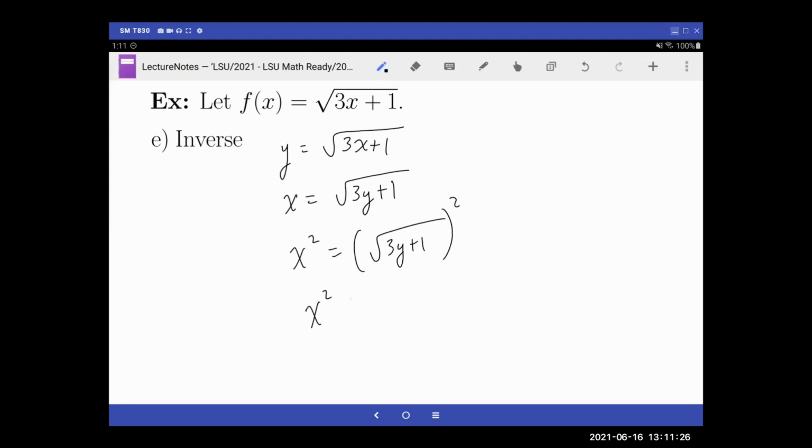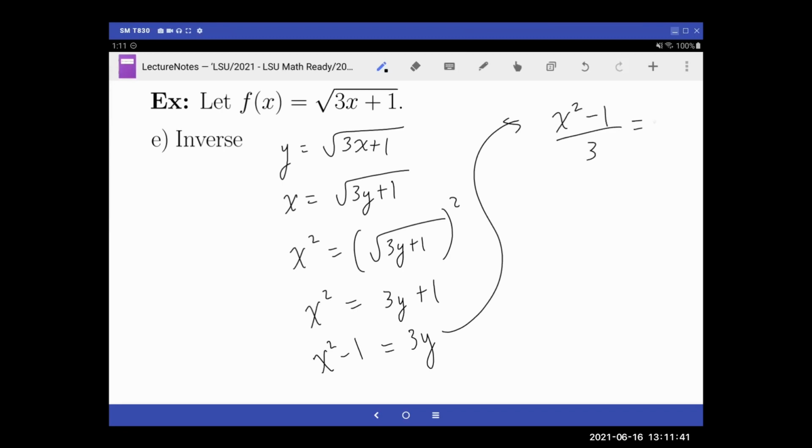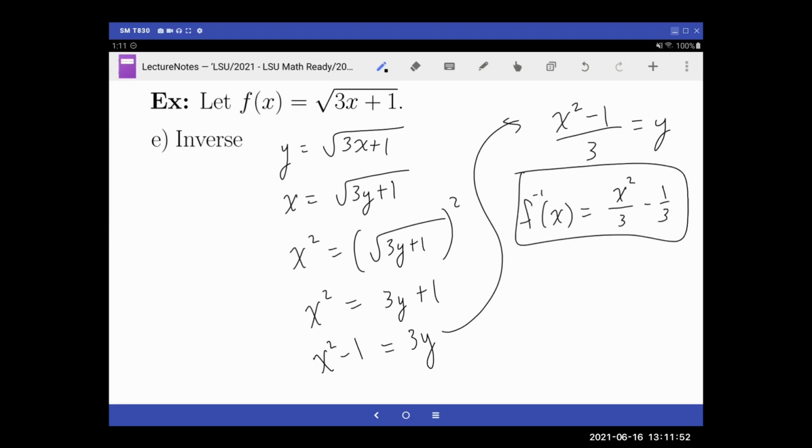So x squared is equal to 3y plus 1. Subtract 1 from both sides. Divide both sides by 3. And so there you go. There's my inverse. And break it up into 2 fractions. Same thing. So that's my inverse function there.